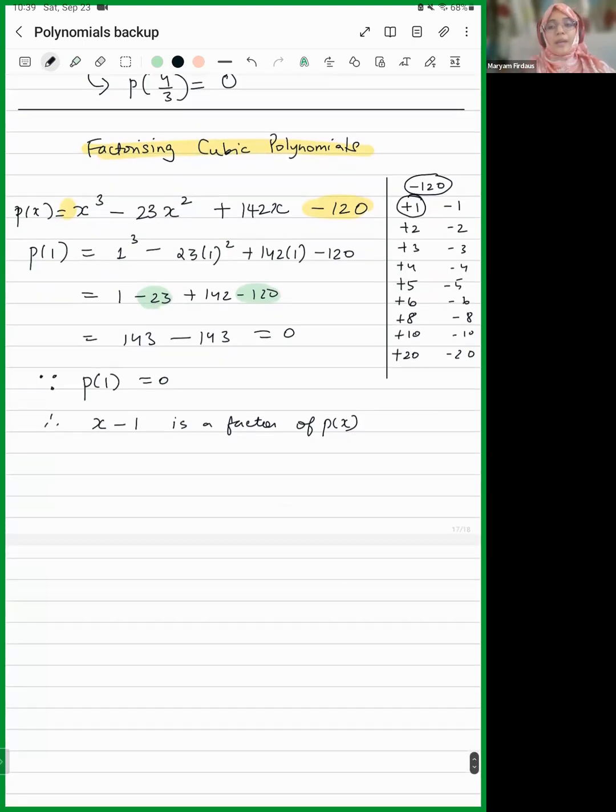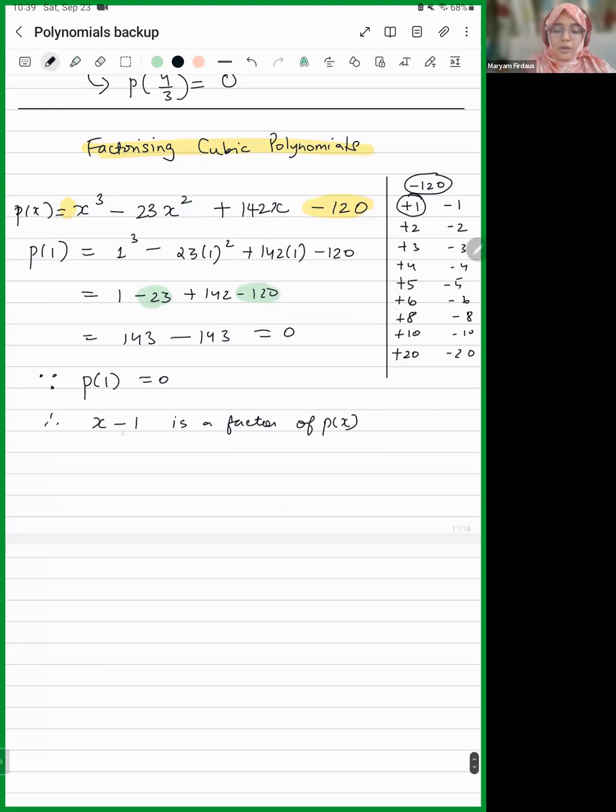Now you asked how many do we have to find? You will not keep on doing this one by one because that will take forever. Let's just suppose that p of 1 did not come out to be 0. Then we will try p of minus 1. If that also didn't come out to be 0, we will try minus 2.